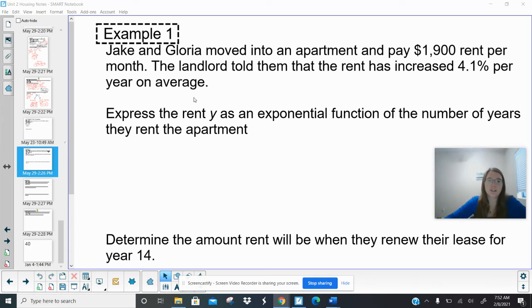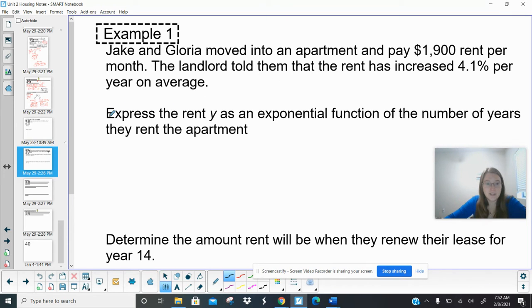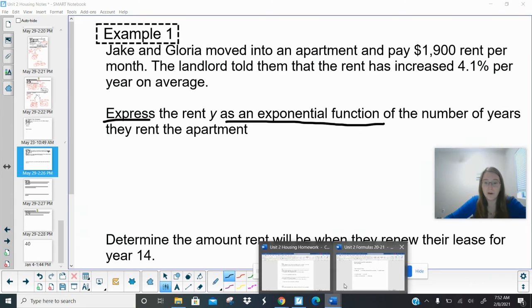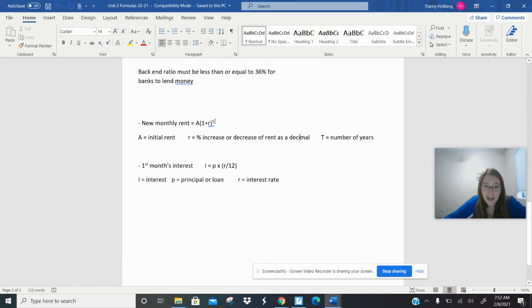So this first question says, express the rent Y as an exponential function of the number of years they rent the apartment. Now this sounds super fancy, but when it says to express as an exponential function, you guys should know this. Exponential, that means it has an exponent. And hey, look, this has an exponent.